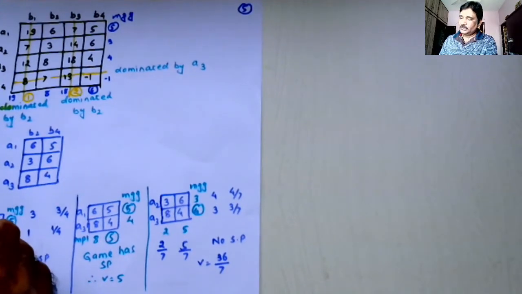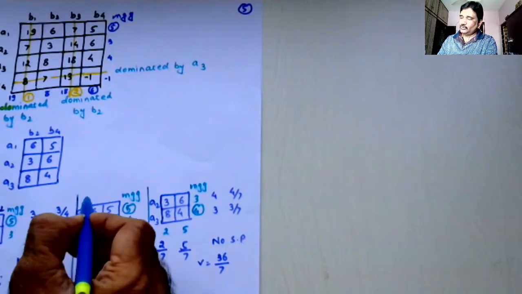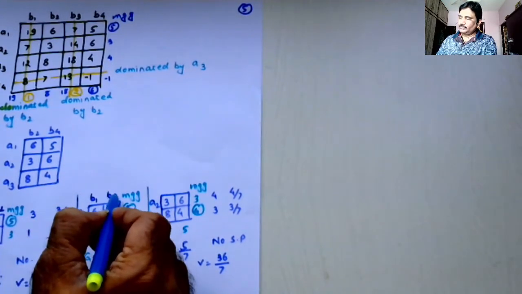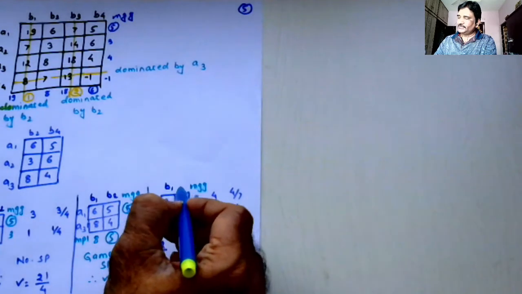Alright. So the third subgame. Values are 3, 6, 8, 4. Minimum is 3 for the first row and 4 for the second row. Amongst 3 and 4, 4 is maximum. Maximin is 4. And here, I forgot to write B1, B2, but you will remember that these columns are B1, B2.